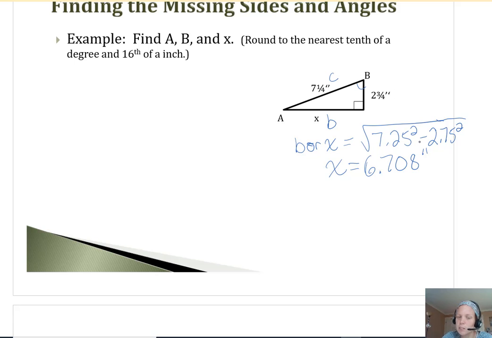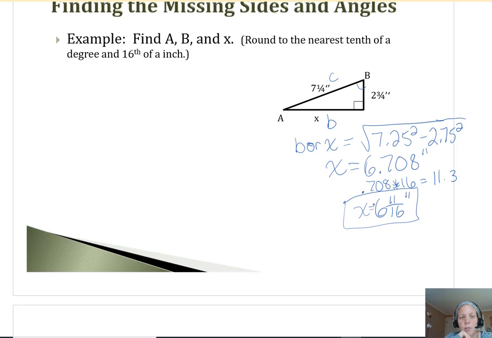Okay, 1/16 of an inch. This one's a little close. I think I'm a little closer to 11/16. So it's 6 and 11/16. Yeah, 6.6875. That would be closer to 0.708 than 0.75, up to 3/4. Okay, so there's my x.